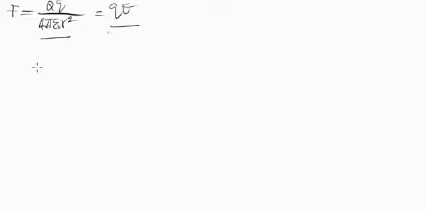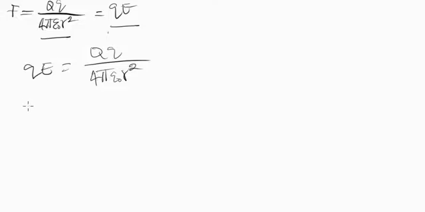So when we get this down, let's say Q times E is equal to Q times Q over 4 pi E naught R squared.